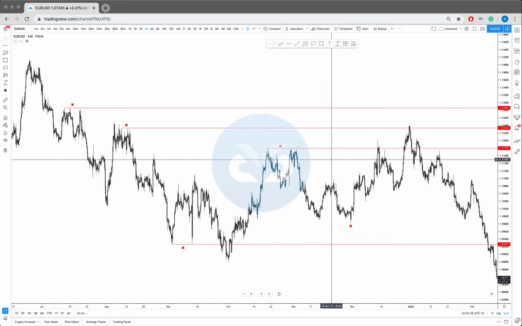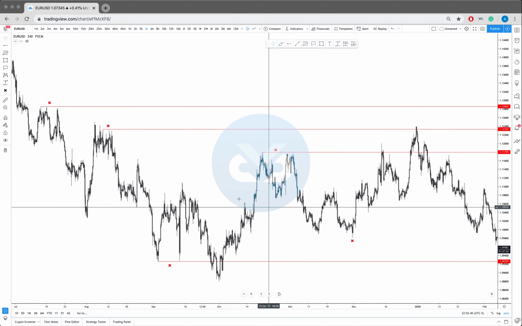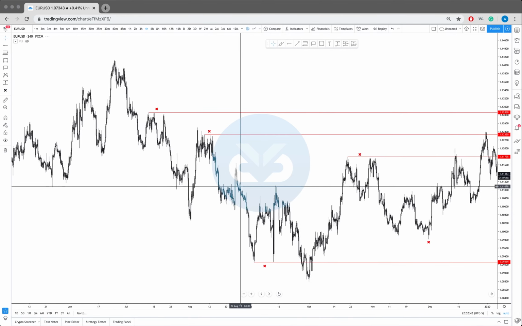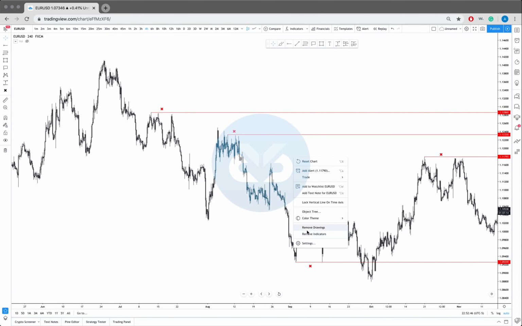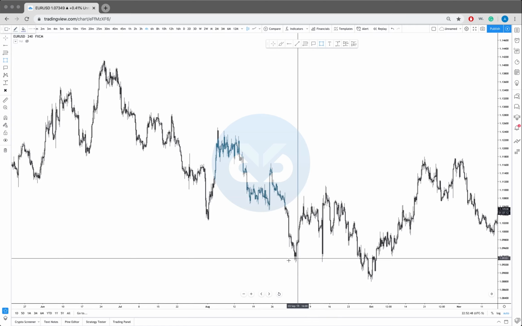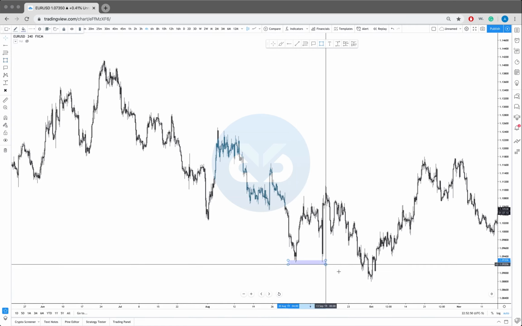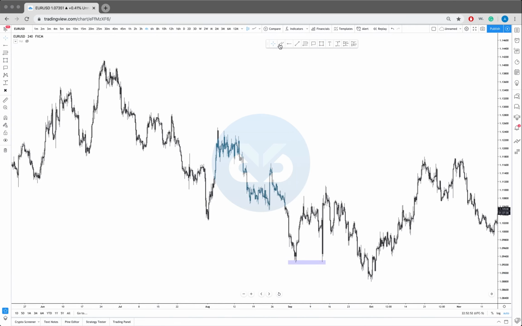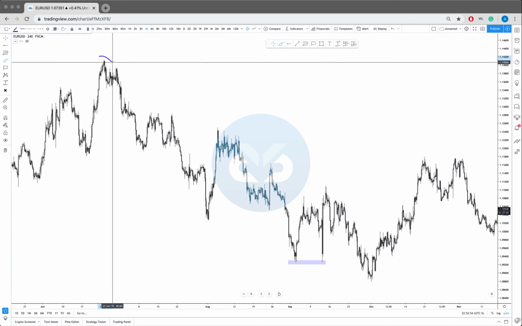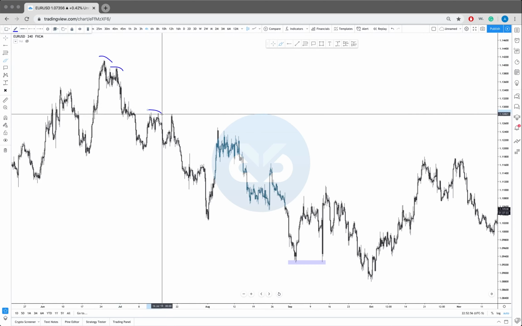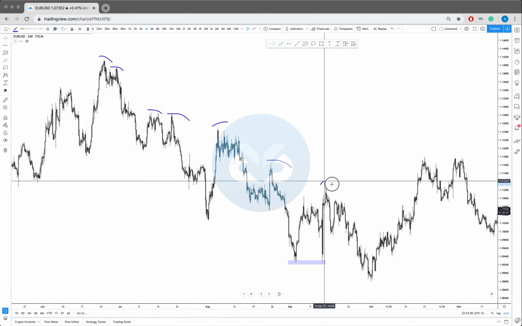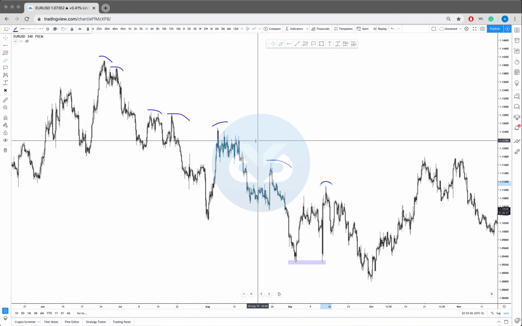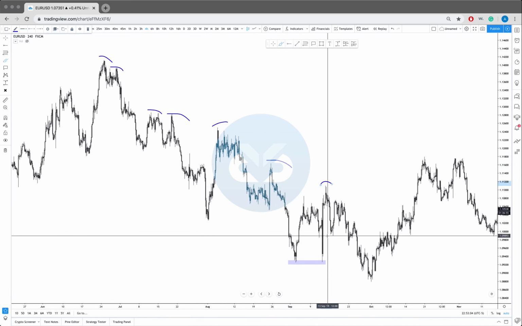Now when looking at this, how do you use them? Let's start from here. We have our equal lows right here that we pointed out already. Momentum is to the downside because structure is to the downside: lower high, lower high, lower high, lower high. Swing structure is to the downside.